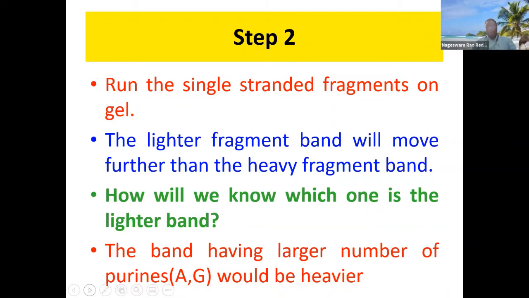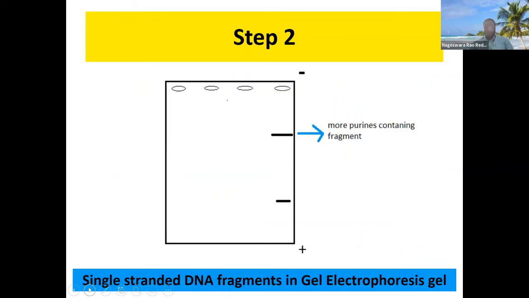So first we treat it with temperature and pH, then we have got single strands. Then we run them on a gel. When you run on the gel, you can see here, I said when there are more purines, it's heavier.